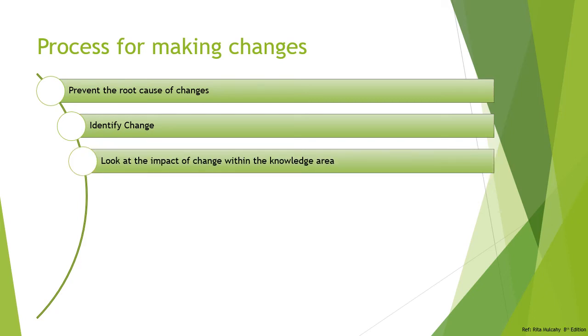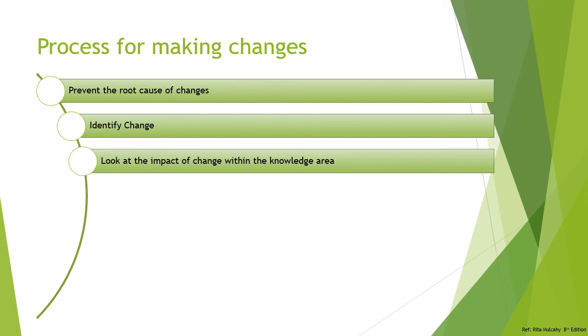Look at the impact of change within the knowledge areas. You have to evaluate the impact of the changes on the other attributes of the project. For example, if there is a scope change, you have to evaluate its impact on time, cost, quality, risk, etc. But at the same time, you also have to evaluate its impact on the other scope of the project.